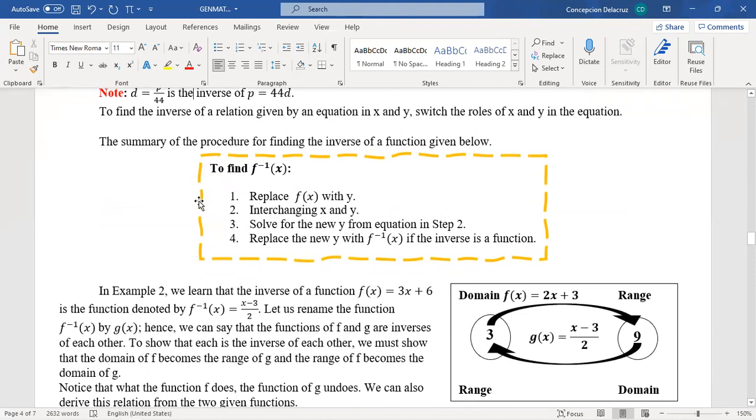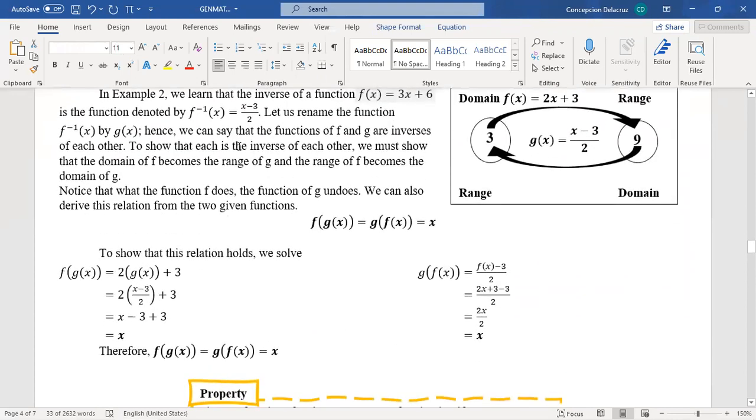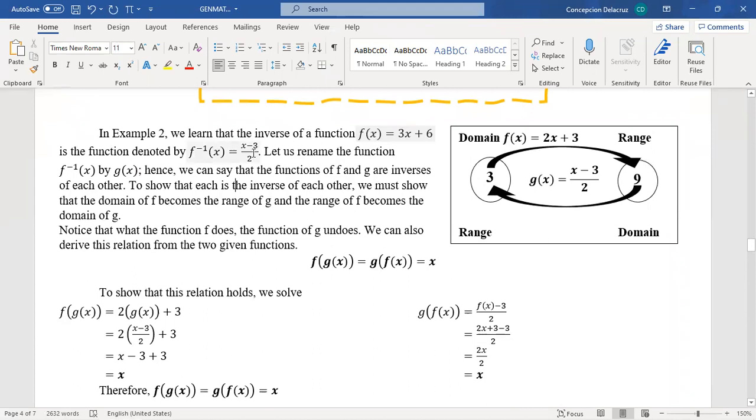This is a summary of the procedure for finding the inverse: replace f of x by y, interchange x and y, and so on. In example 2, we learned that the inverse of the function f of x equals 3x plus 6 is the function denoted by f inverse of x equals x minus 3 over 2.